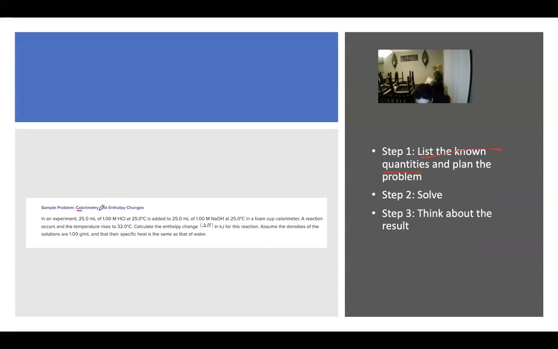This is calorimetry and enthalpy integrated. In this experiment, you have 25 milliliters of 1 mol HCl at 25 Celsius added to 25 mL of 1 mol NaOH at 25 Celsius, in a foam cup calorimeter.